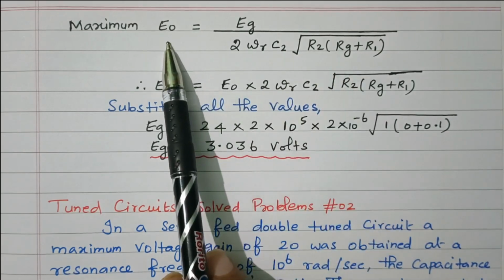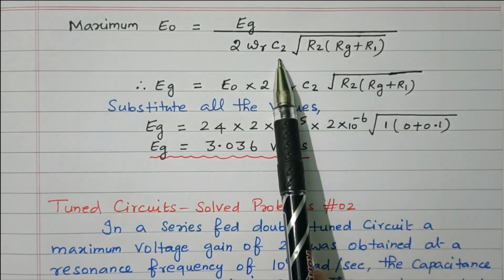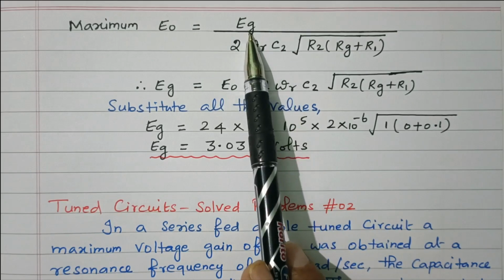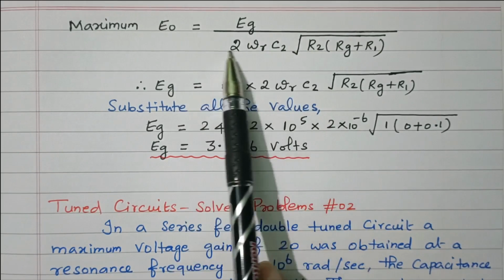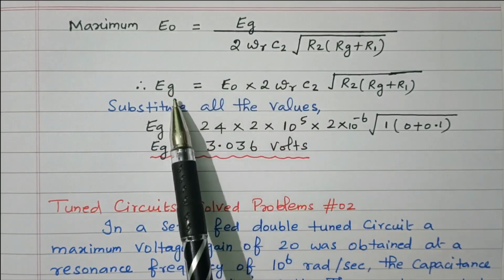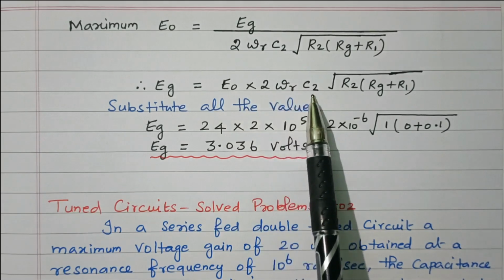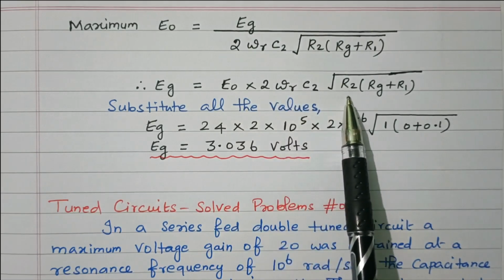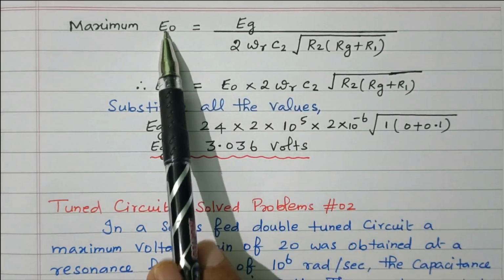The maximum E0 is given in the problem and other values are also available. C2 we have also calculated, so we can easily calculate the supply voltage Eg. Now cross multiply, so that Eg equals E0 into 2 into omega into C2 into square root of R2 into Rg plus R1. All these terms are multiplied with E0.